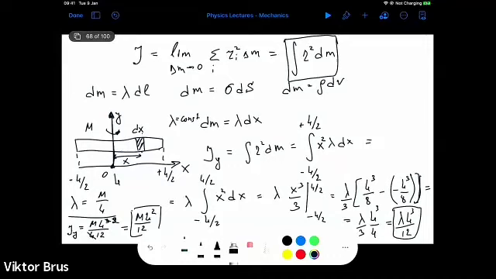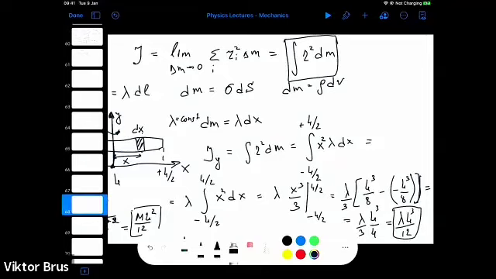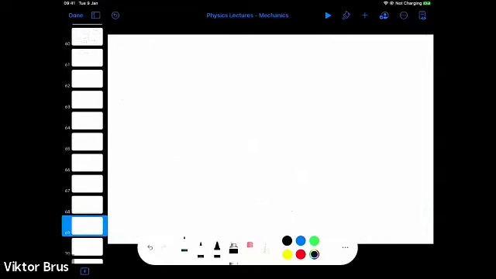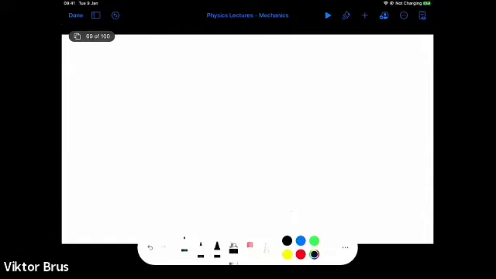Okay, so with a linearly distributed body, we already figured out how to calculate this moment of inertia. Let us consider some three-dimensional case.